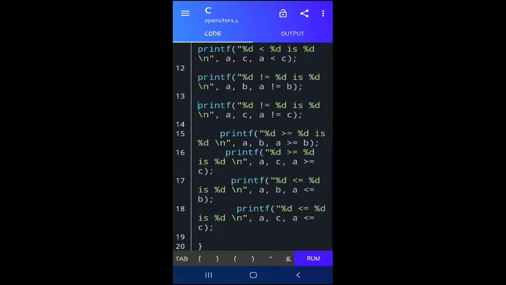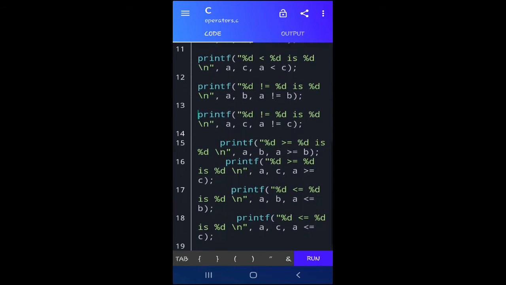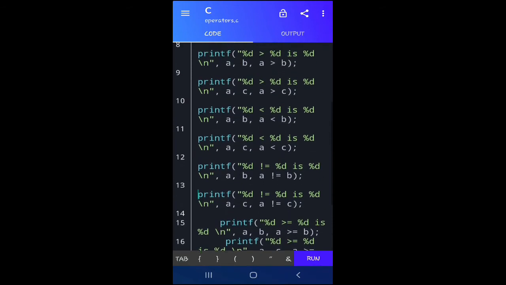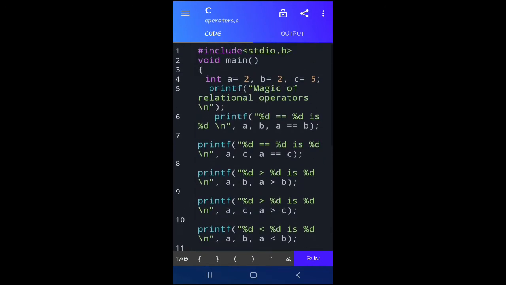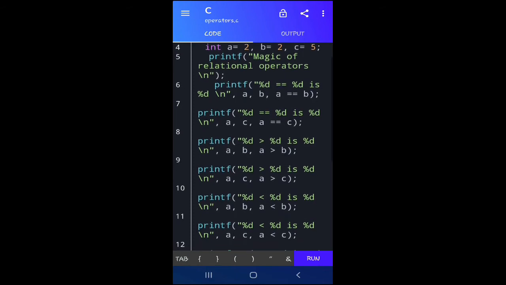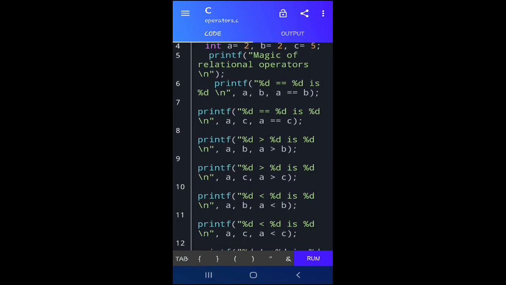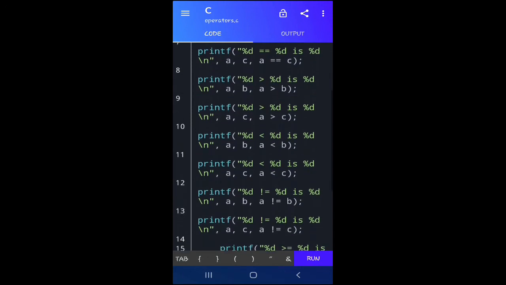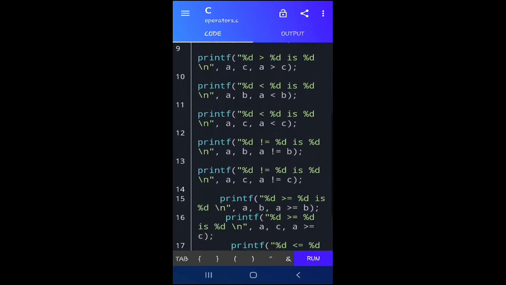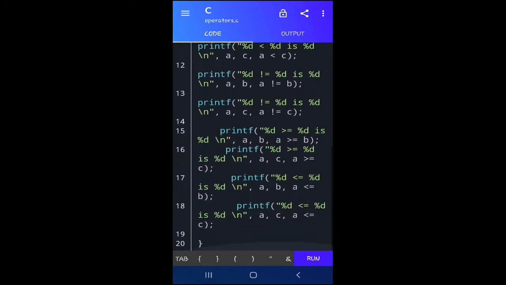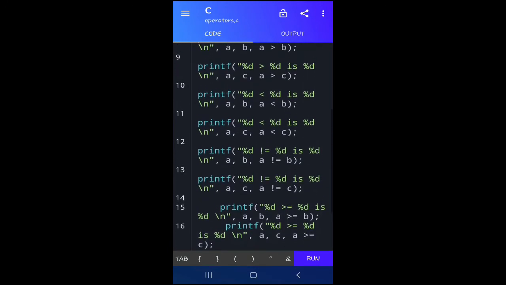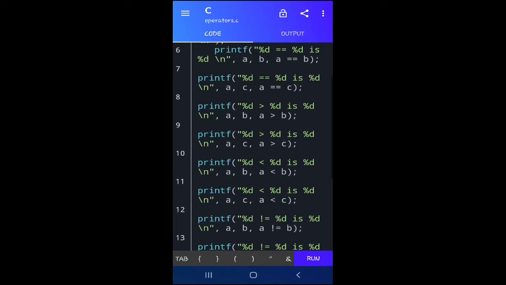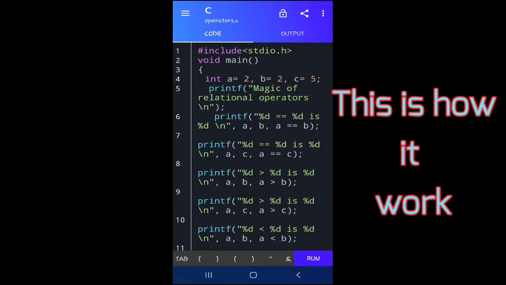I have written a program consisting of 20 lines, and this covers almost 90% of relational operator usage in the simplest way. Okay guys, I think you have seen the program very well, and this is the output.